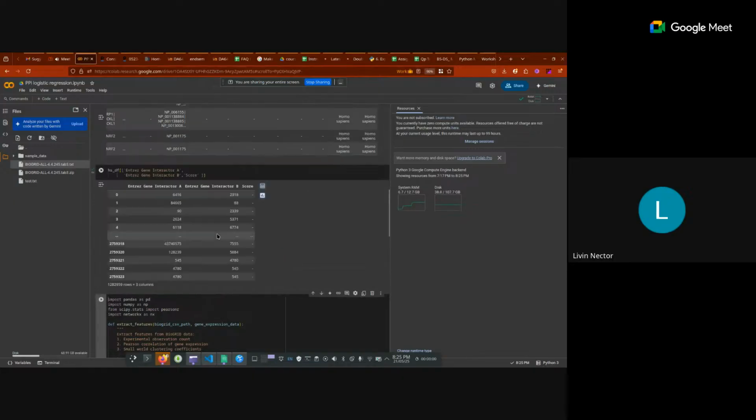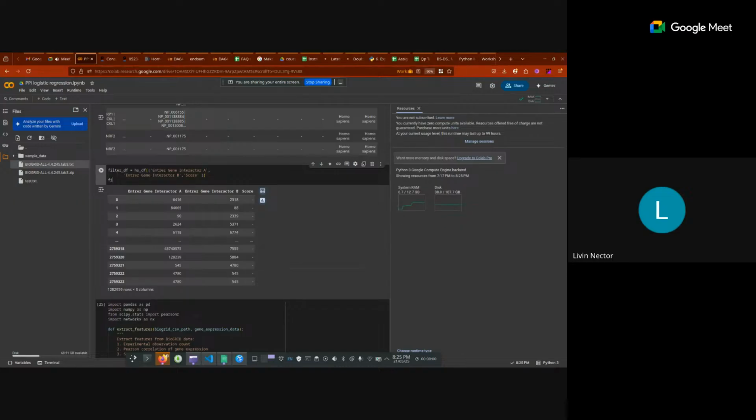So now we get a filter with non-empty scores, right?